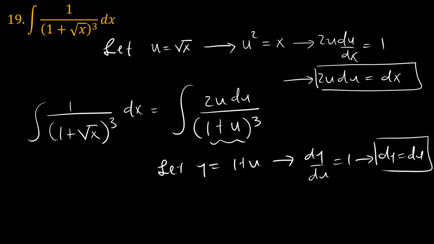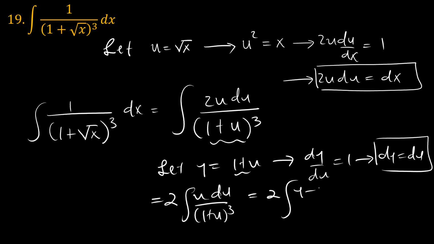And so our problem, which is 2u over 1 plus u cubed, can now be written as, in place of u here we have y minus 1. In place of 1 plus u cubed we have y cubed, and then du.